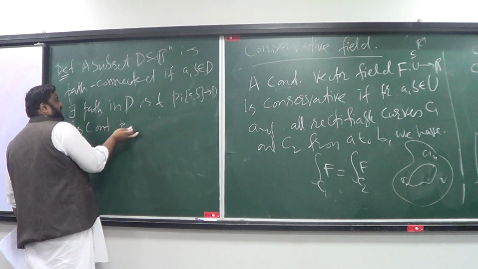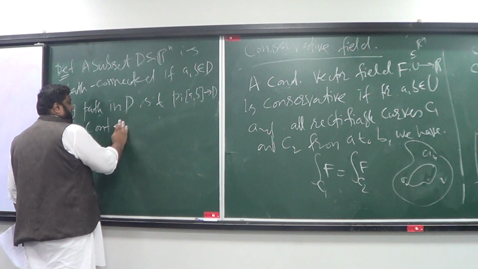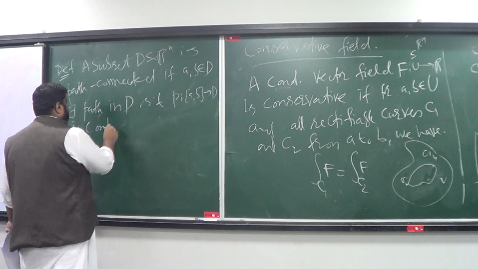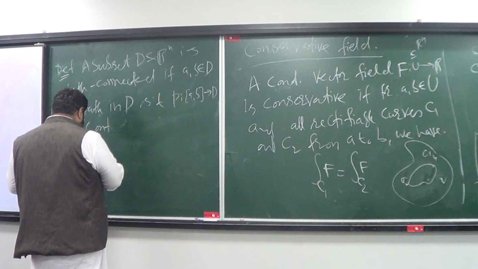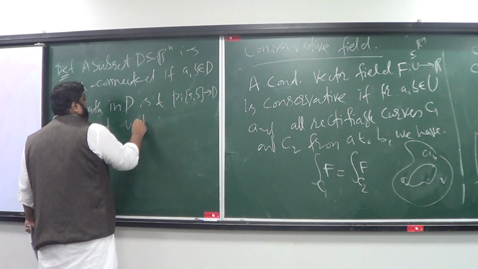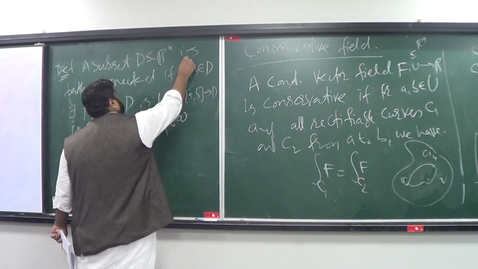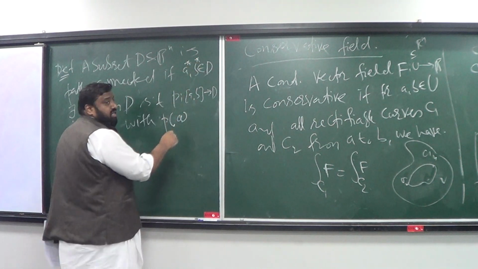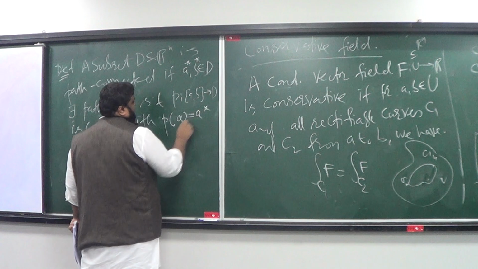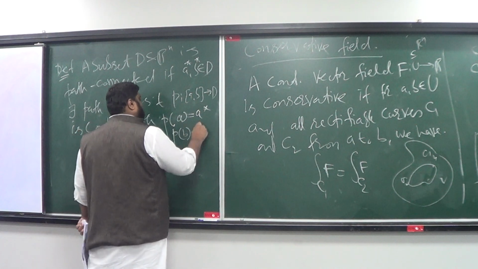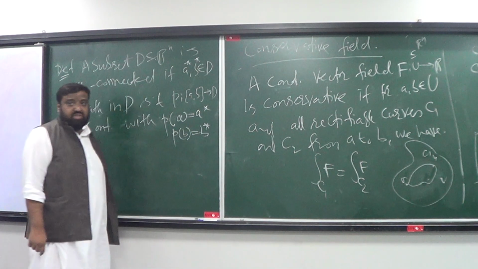You should have a path that is continuous and that satisfies P of A is, say, A star, and P of B is B star.